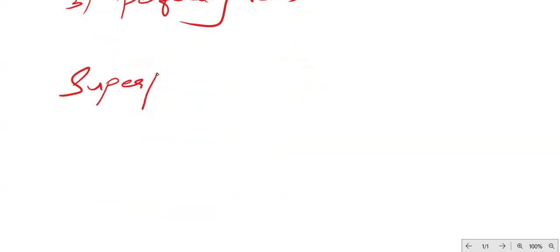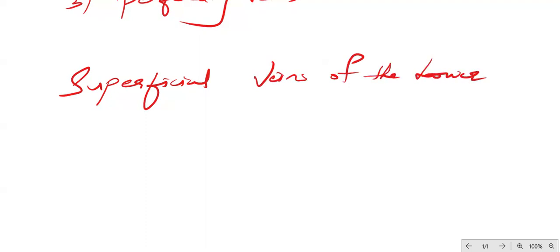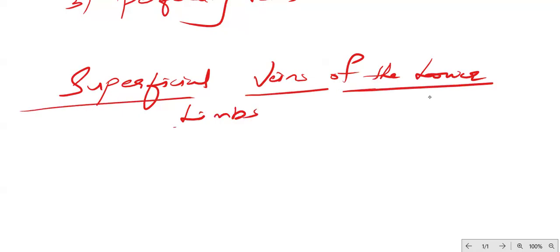First, we will talk about superficial veins of the lower limb. So we have only two veins.